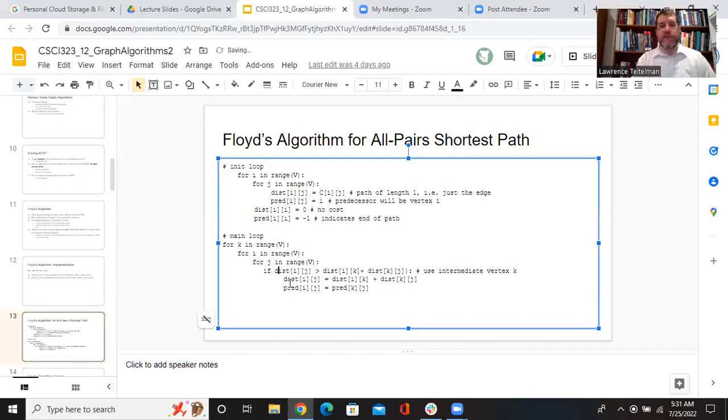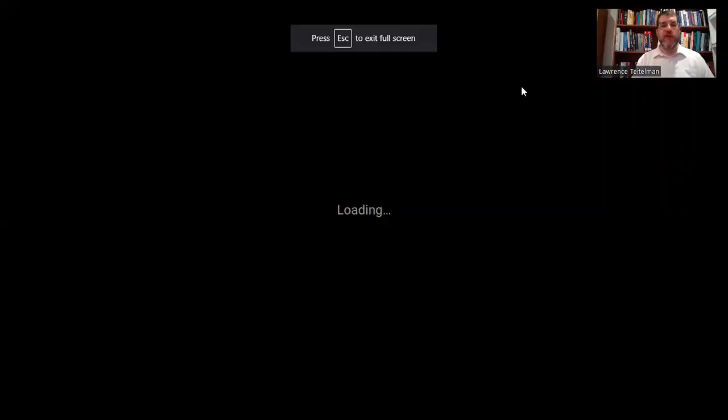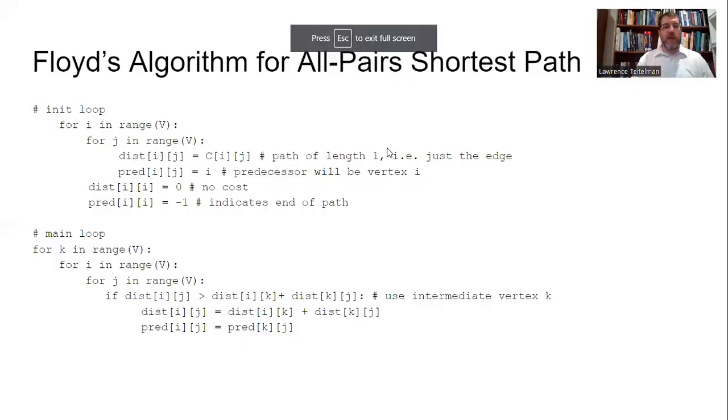So take a look at that line I just removed the parentheses from. It's saying as follows: if I can go from I to intermediate vertex K, and from intermediate vertex K to J, less than whatever I could do already from I to J, which may include some intermediate vertices, but not intermediate vertex K, then we need to update.